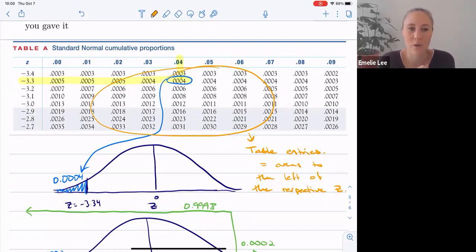But in a test situation, it's definitely easier to just use the table, once you're comfortable with it. There's nothing wrong with using the table. It's just pretty old school, but it's how we teach it. And I want to show you how to do it in R. Of course, R can do this calculation for us too.